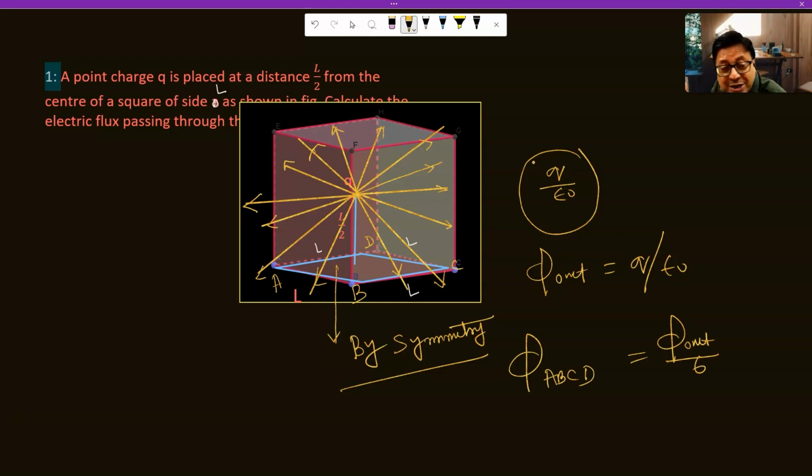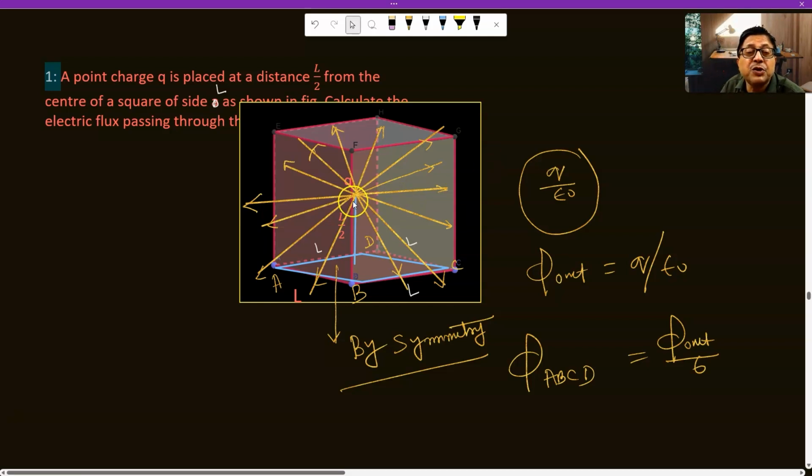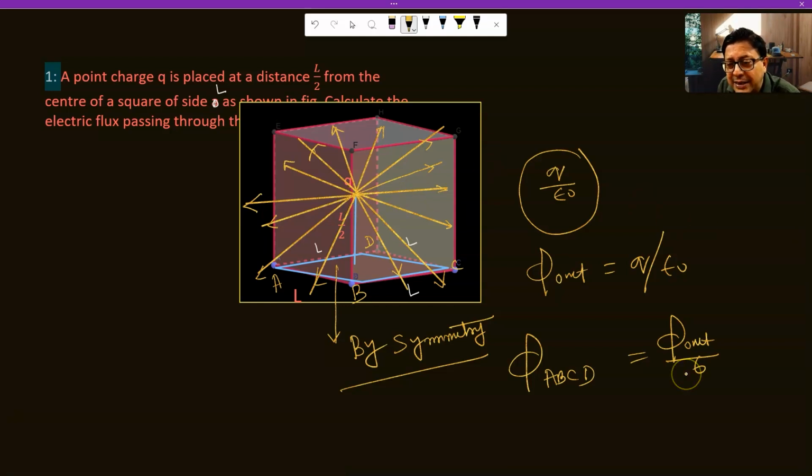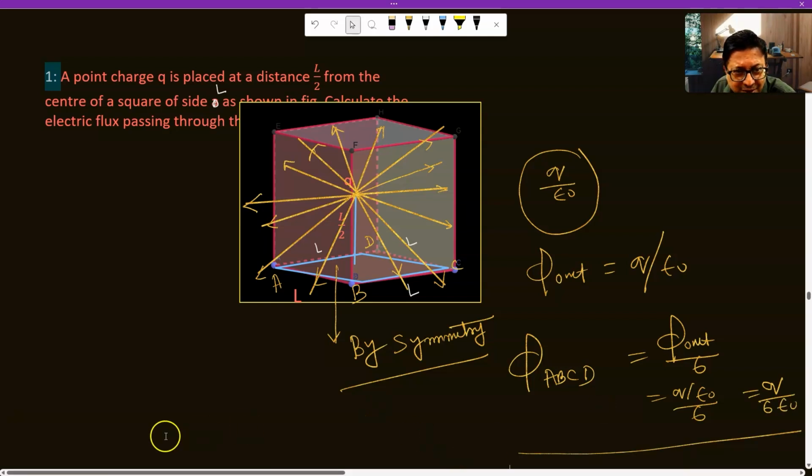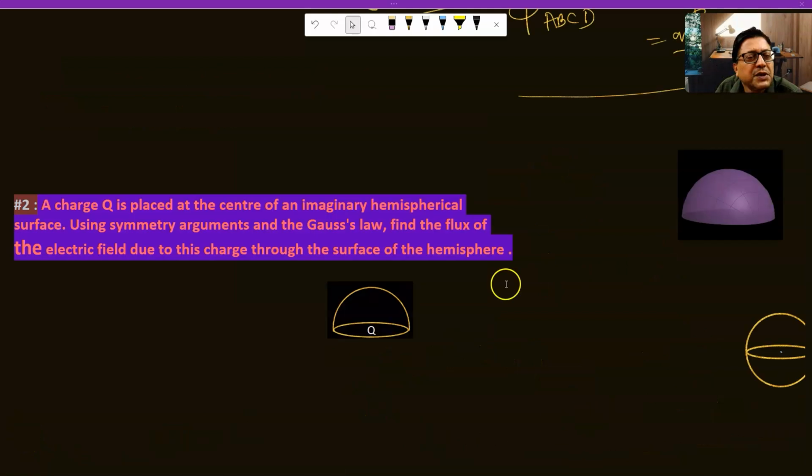We can't do it so easily if the charge is not lying at the center. It lies at the center, that's why. It will be Q by E0 by 6. The value is Q by 6 E0. Got it? Understand?